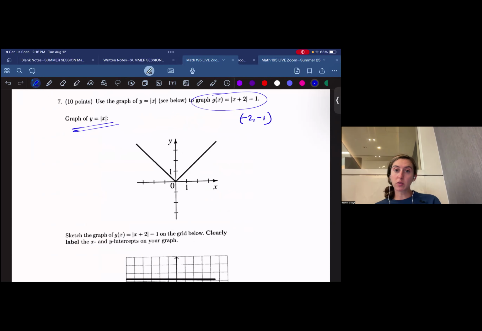And the only transformation that's taking place is that horizontal shift to the left 2 units and that vertical shift down 1 unit. So negative 2 comma negative 1, our slope's going to still stay the same. Connect the dots.